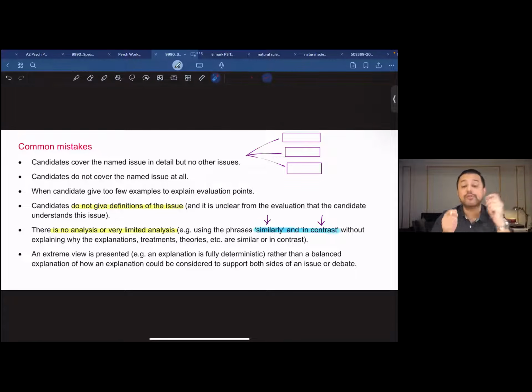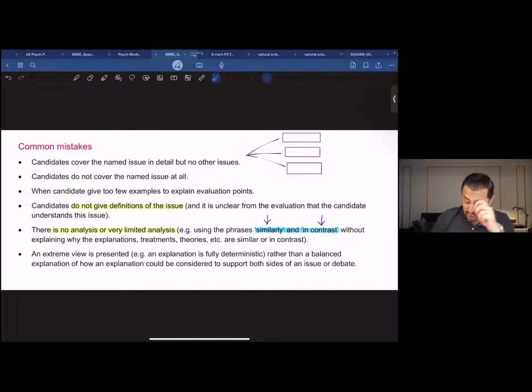Anyone could do that, but you need to show the examiner why you think there is a similarity, or what you think is a similarity. You need to explain that, right? Your answer needs to be detailed. If it's not detailed, then you're not getting marks from the top band. So this fifth point over here, there's no analysis or very limited analysis. Again, you're losing your marks here, right?